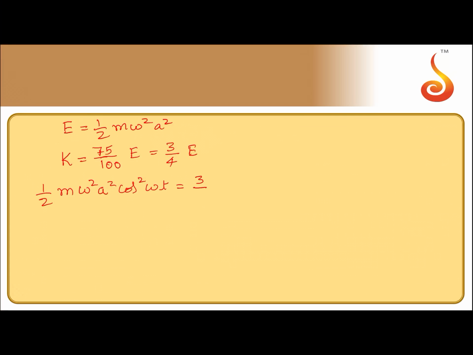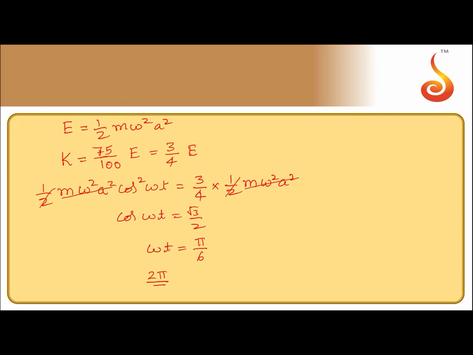So that should be equal to 3/4 of half m omega square a square. So this is what you get. m omega square a square, half get cancelled. Cos square omega t is equal to 3/4. Cos omega t is equal to root 3/2. So omega t is equal to pi by 6, that is 30 degree.